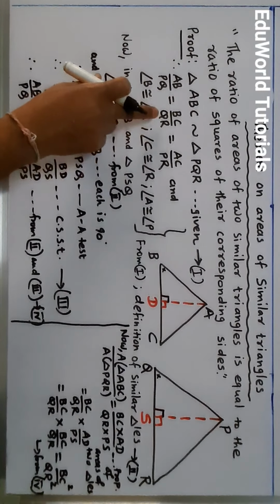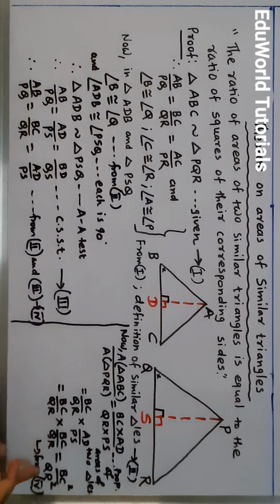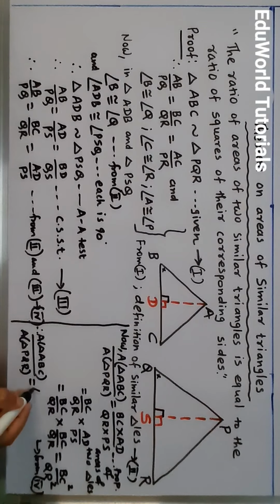So if you replace the BC upon QR ratio by these two ratios, then we can get what we had to prove. Finally we can write, therefore, area of triangle ABC upon area of triangle PQR is equal to AB square upon PQ square, or it is equal to BC square upon QR square, or it is also equal to AC square upon PR square.